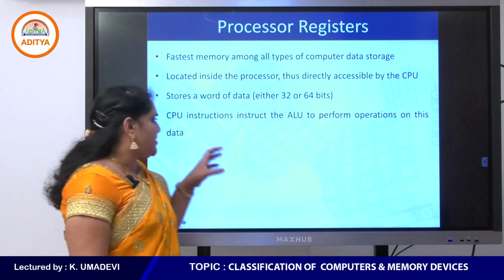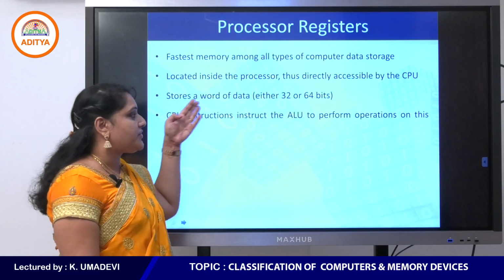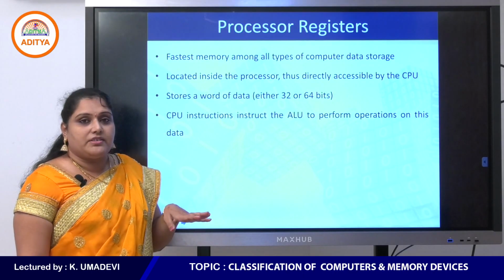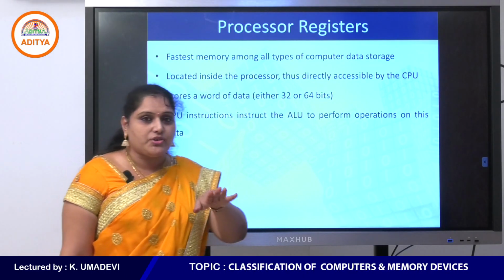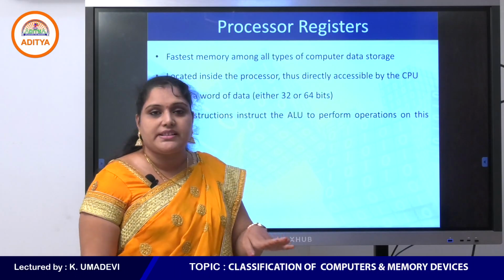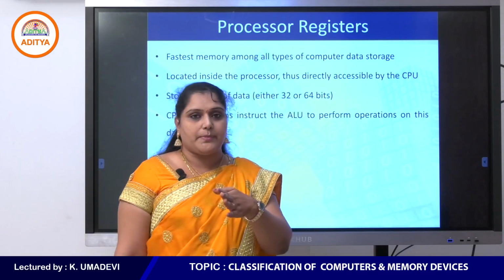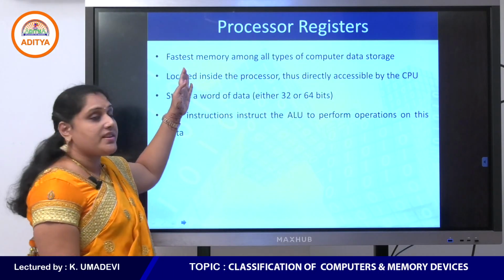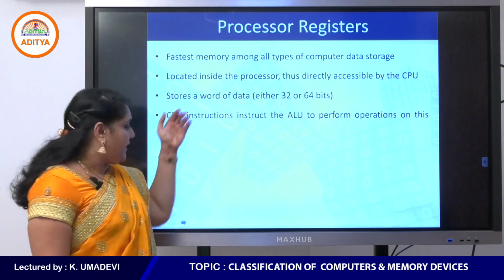Registers are mainly used as CPU instructions instruct the ALU to perform operations on this data. It has the least storage capacity among all other types of memories, and it is the fastest memory when compared to all other types.